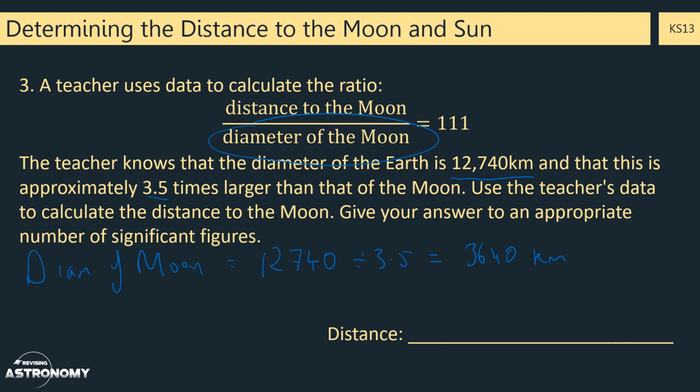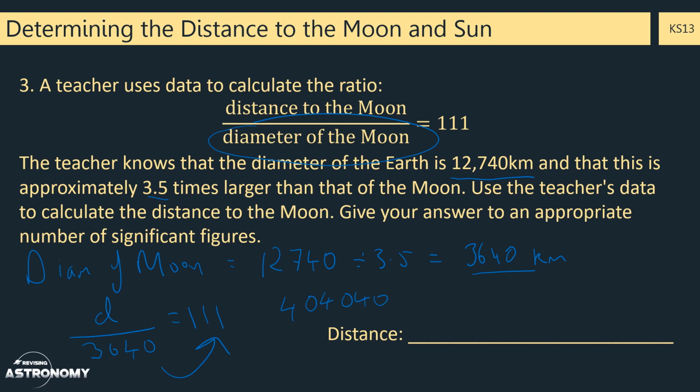And then we can just substitute into the equation. So d is the distance to the moon we're trying to work out, divided by the diameter of the moon, which we worked out here is 3,640, equals 111. So to bring this over, we're going to multiply it. So doing that gives us 404,040.